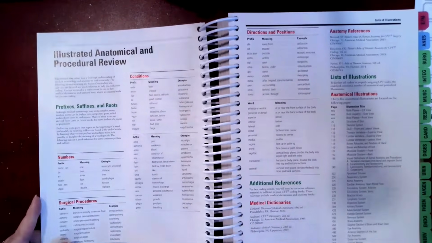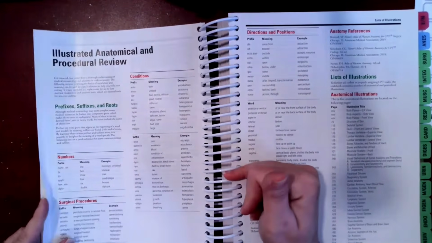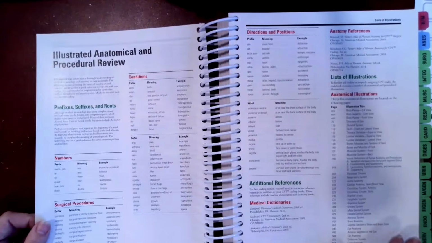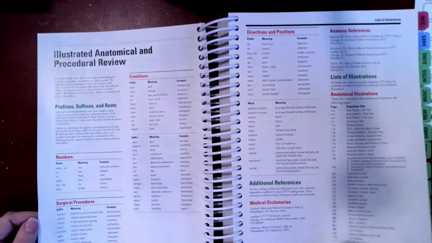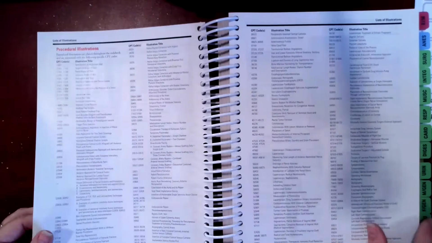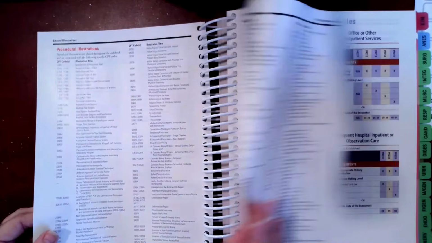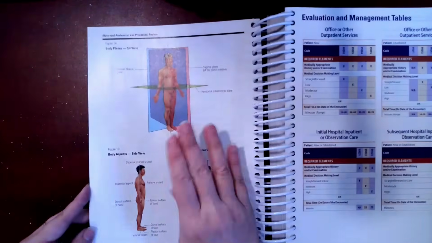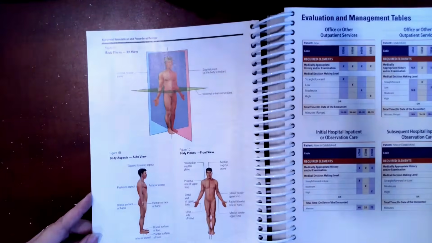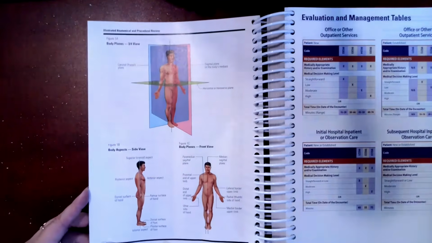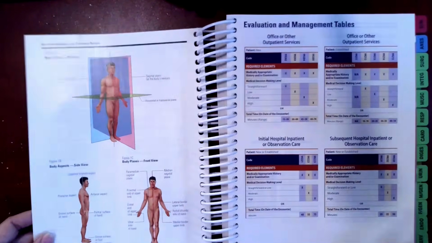And if you add any additional terminology or anatomical reviews to this page, I advise you putting a tab. Another one that is a great one to tab is going to be your anatomical planes. So if you're adding information to the anatomical planes, you may want to tab that as well.